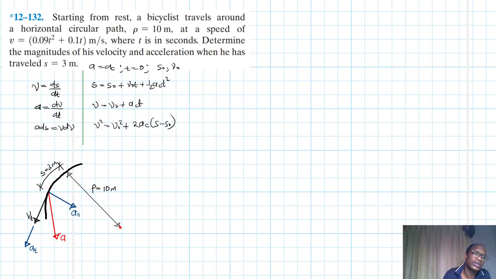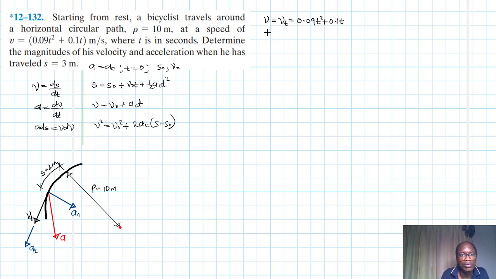So what do we do? Let's write down what we have. Our v is equal to v_t, which is 0.09 t squared plus 0.1 t, where t is in seconds.